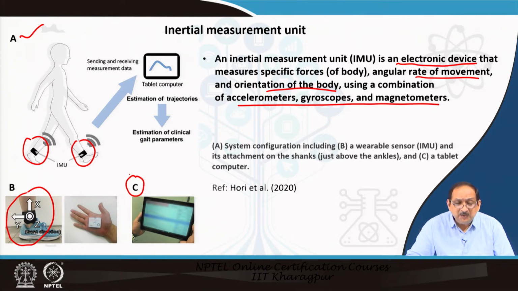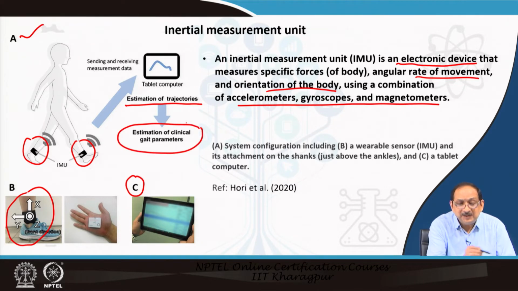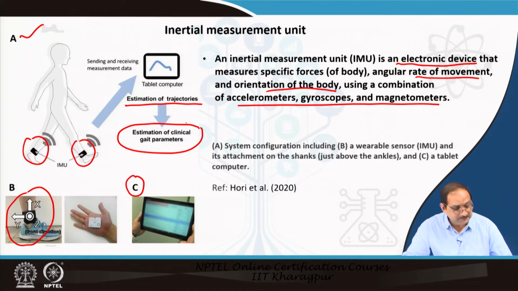So, the IMU actually interacts with the tablet by sending and receiving measurement data, which is later used for estimation of trajectories and finally to evaluate clinical gait parameters. An inertial measurement unit measures angular rate of movement and acceleration data.